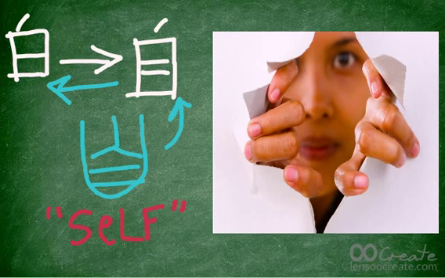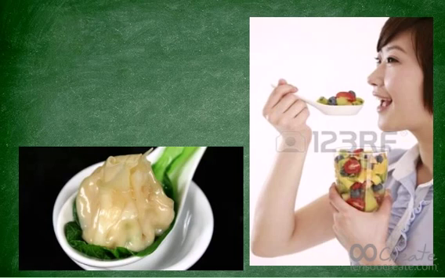So that is the self, a personal thing. That's why I put the picture of a person breaking through, because, okay, you're seeing now the person, and therefore it's becoming a self.